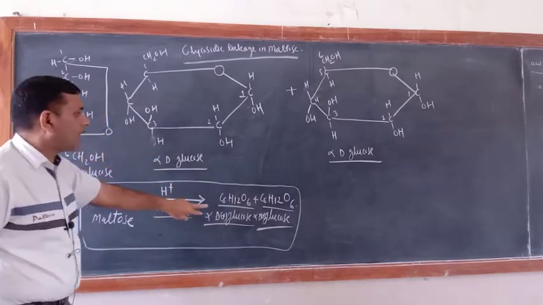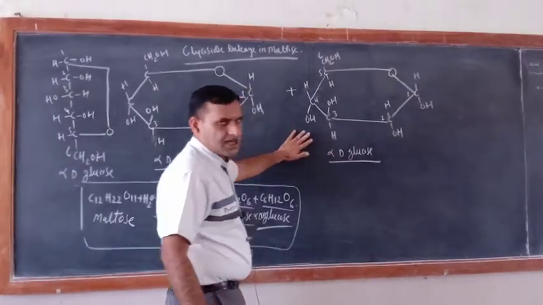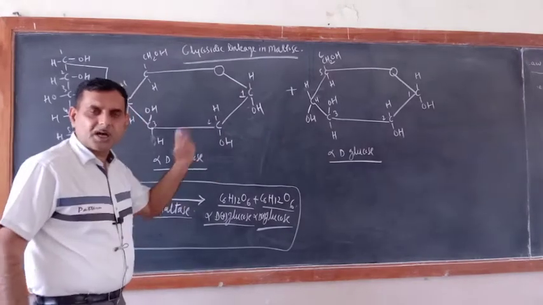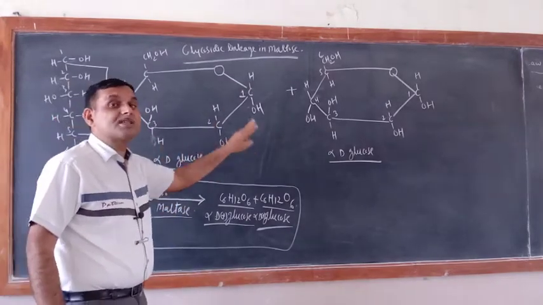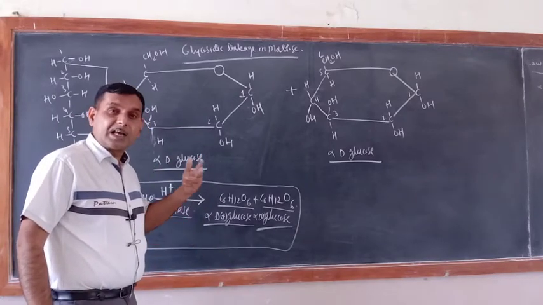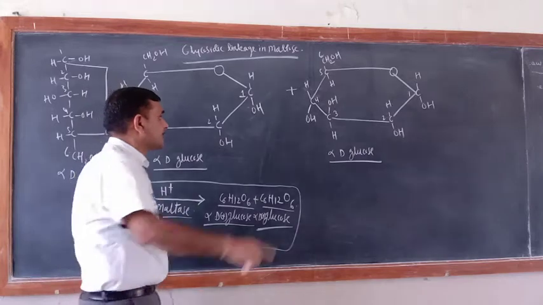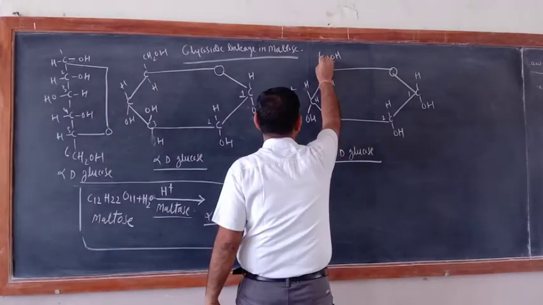Now the same, two are there. So here I wrote alpha D-glucose. This is also the glucopyranose structure or Haworth projection formula. Remember here, C1-C4 glycosidic linkage is there, or alpha glycosidic linkage. So just see, this is 1, 2, 3, this is 4, this is 5, this is 6.